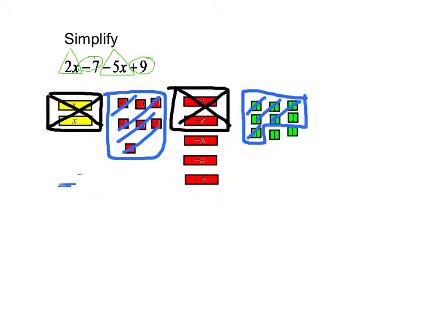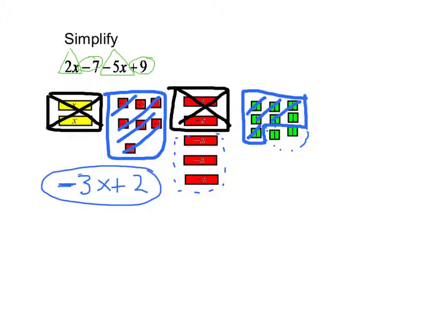That's going to get me negative 3x, and that's reflecting these right here. And then I have negative 7 plus 9, so there's 2 extra ones, and that's my extra 2 ones right there, so that's plus 2. So that algebraic expression above simplifies to negative 3x plus 2.